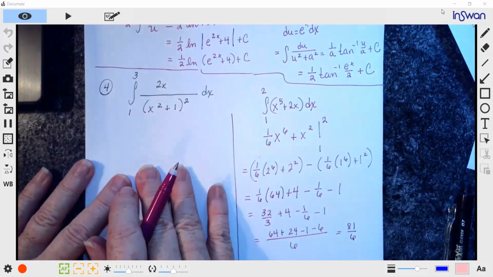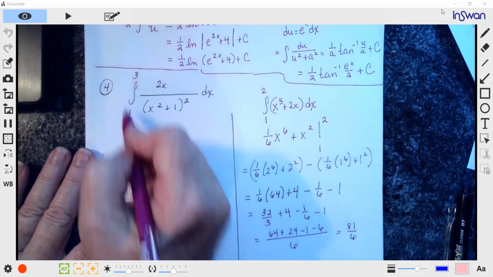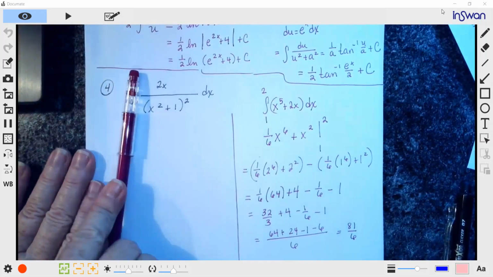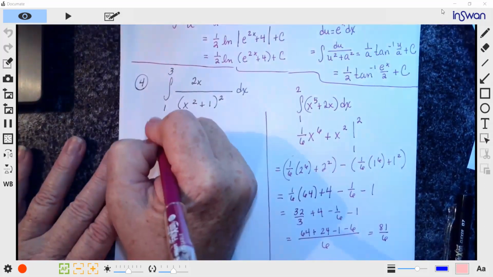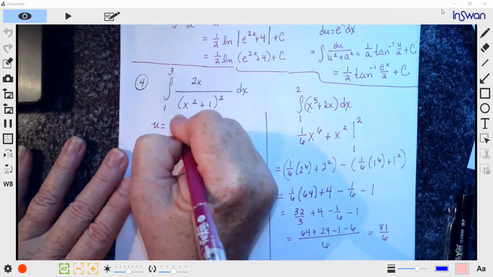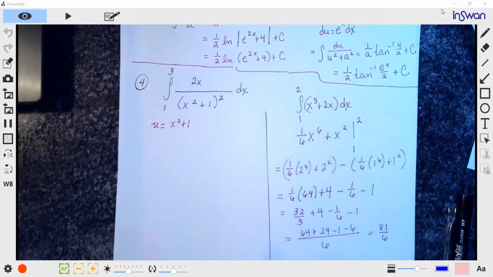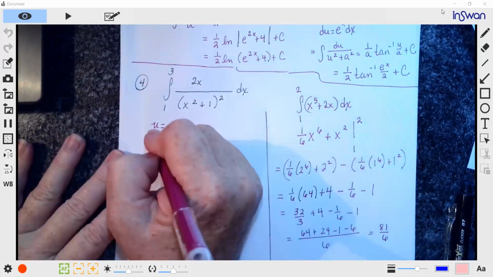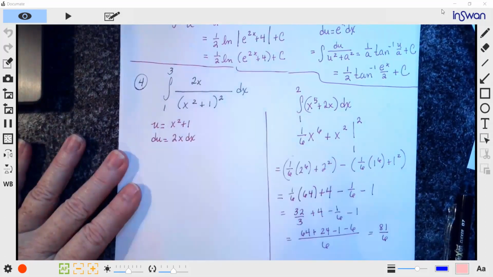Now, we do the same thing when it's an integral that requires substitution, but it's kind of a personal preference as to when you deal with the limits. Okay, so for this integral, if I'm not even worried about the definite integration part, the first thing I would do is choose u to be the expression in the denominator that's being raised to a power. So I'm going to choose u to be x squared plus 1. So du will be 2x dx.